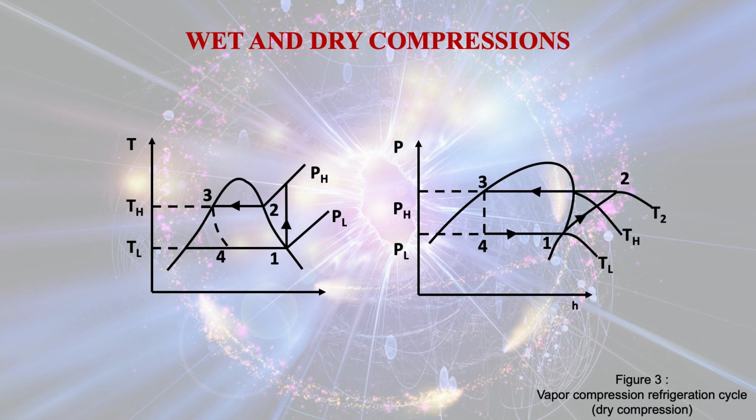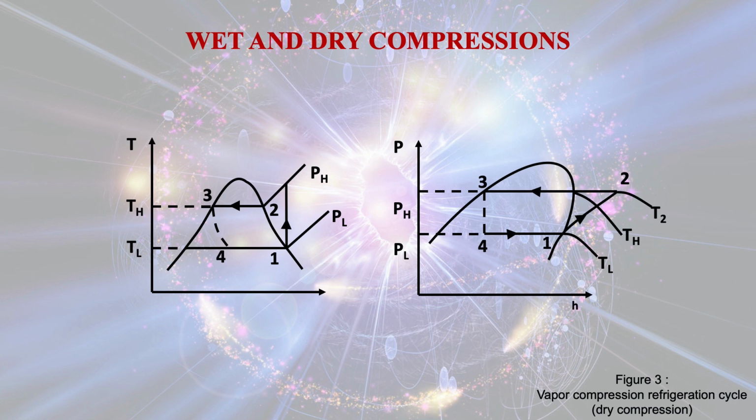In this case you can see that net refrigerating effect is h1 minus h4. The compression work done is h2 minus h1, and the heat rejected in the condenser is equal to h2 minus h3, and here h3 is equal to h4 because this process is going on through the expansion device.